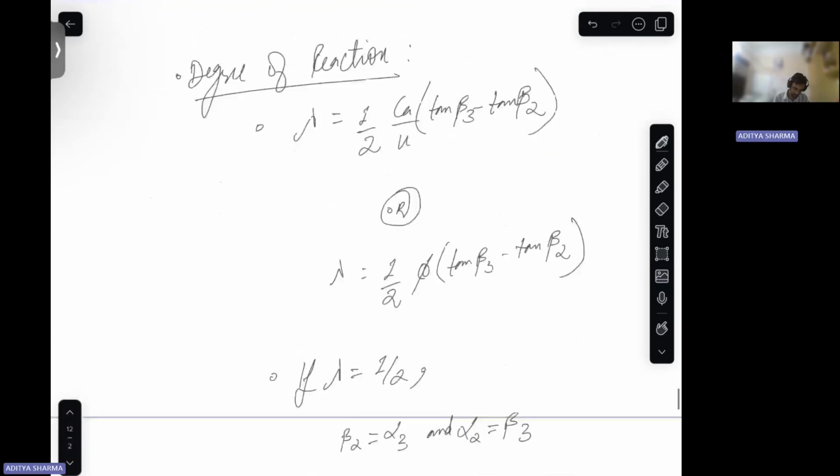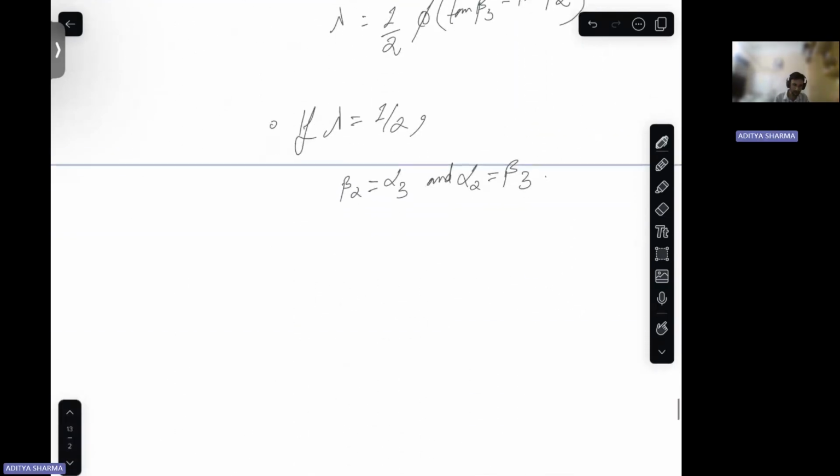Then you see the radial turbine, inward flow radial turbine.